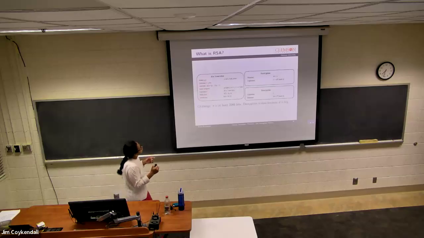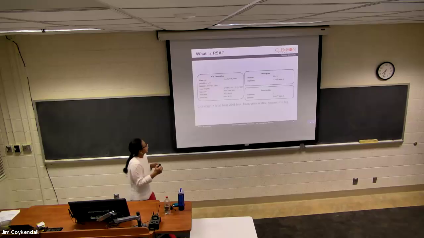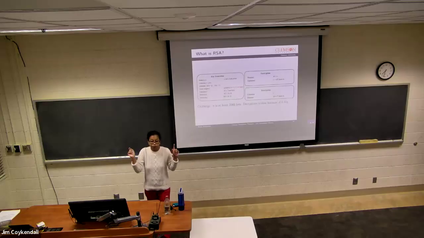And then you calculate phi of N, which you can do because you have P and Q. This is P minus 1 times Q minus 1. And then you take this integer E, which is coprime with phi of N, and it needs to be between 1 and phi of N. So E is small.